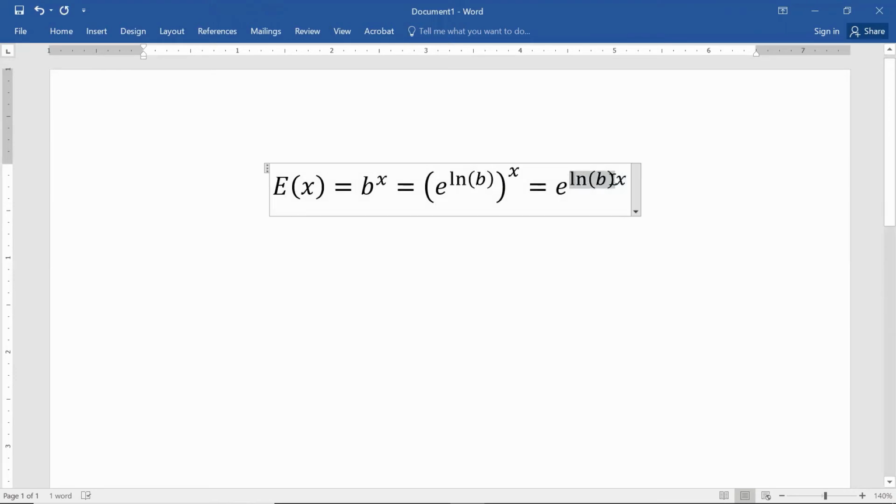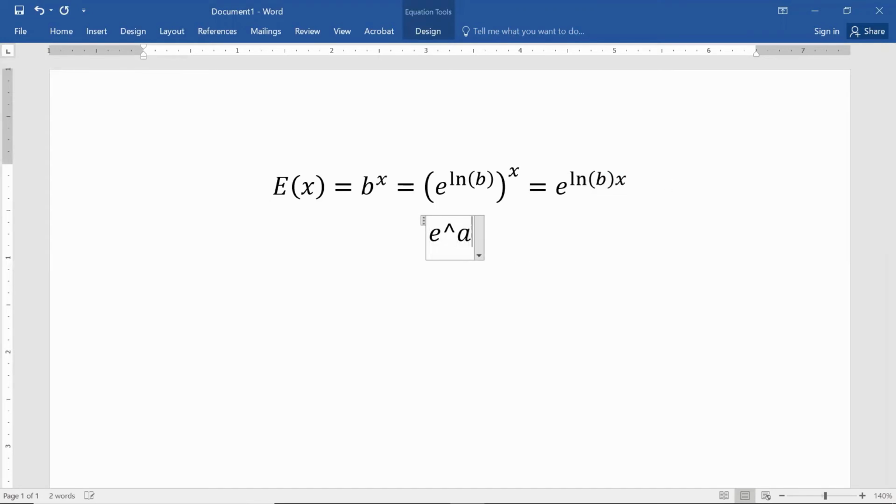Now, no matter what natural log of b is, it's just a real number. So whatever b is, natural log of b is a real number. So this is just like e to the ax power, where a is a real number. And if you remember how to take a derivative of that, it's just e to that power multiplied times x, and then I have to multiply times the real number out front. In this case, you have to multiply times natural log of b.